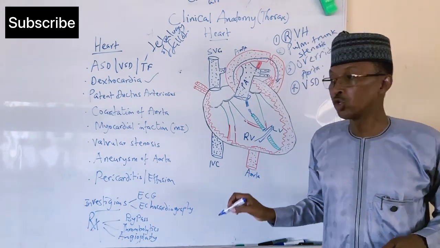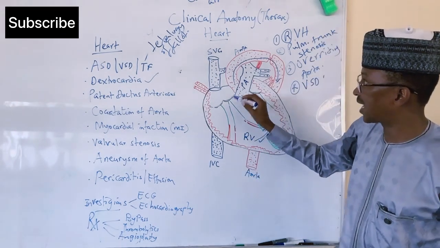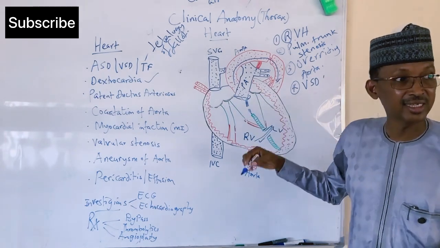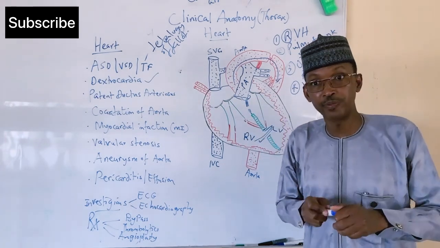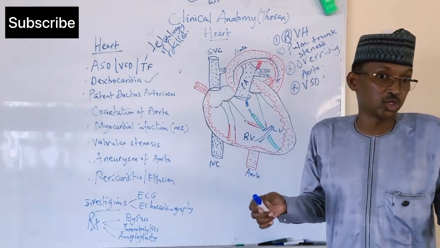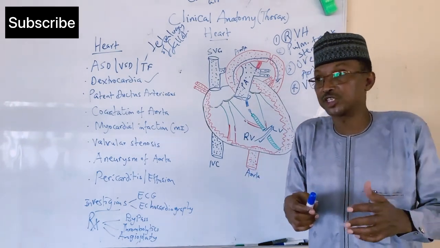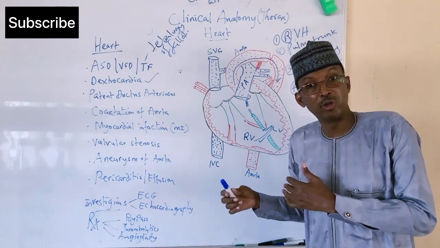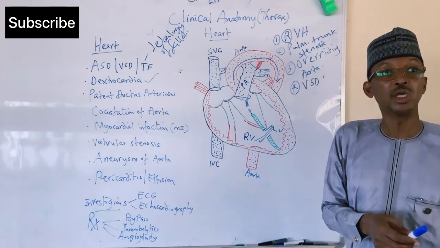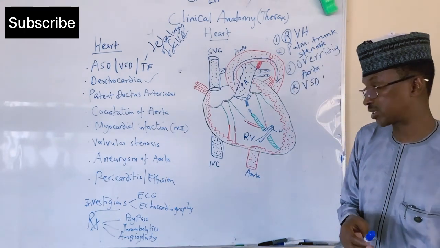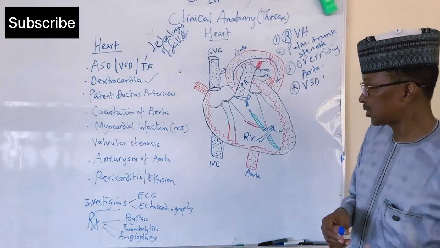Are you clear? So once any of these coronary arteries supplying the heart get blocked, as a result of certain conditions, there are so many predisposing factors to the development of myocardial infarction, which I don't want to confuse you with now, because you are still at your infant state.